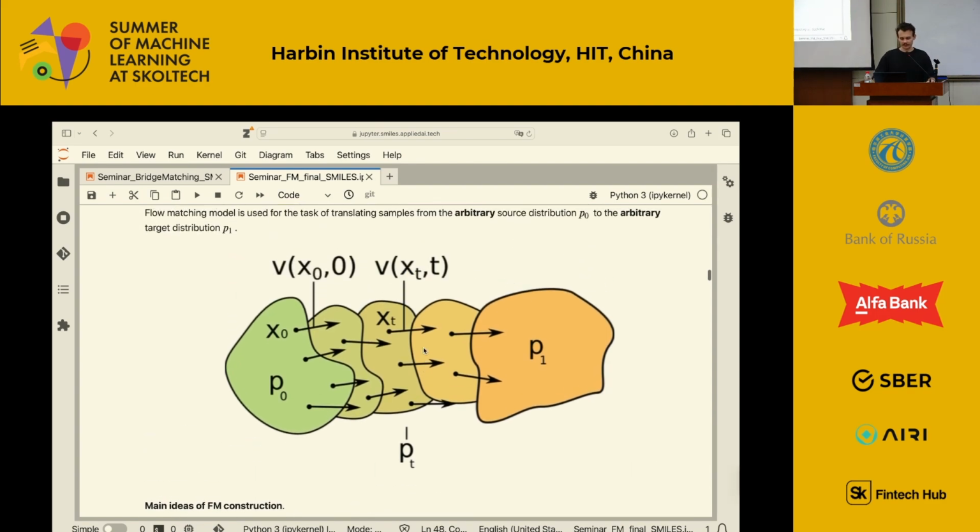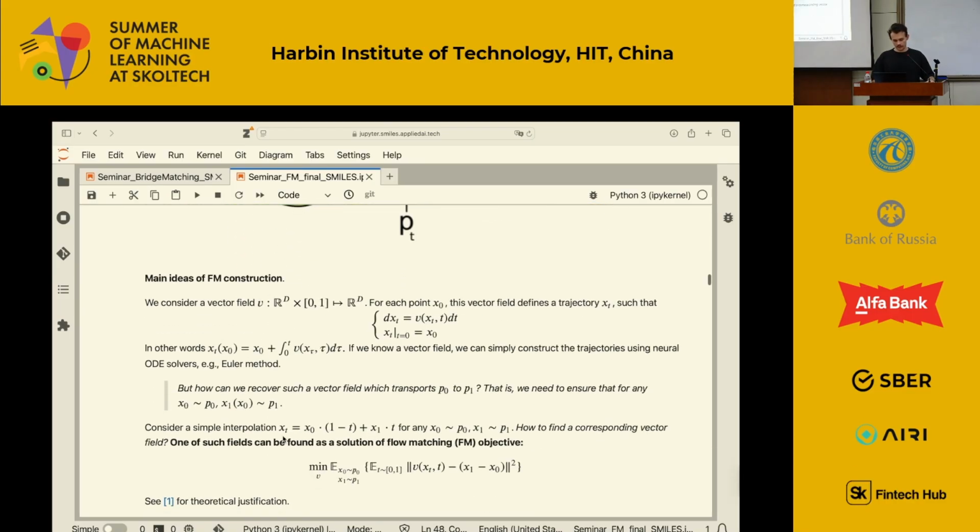Again, let's consider such distributions P0 and P1 that we want to translate from one distribution to the other, and some points from these distributions. Imagine we have a point x0 from distribution P0 and a point x1 from distribution P1. We sample random points from these two distributions and make a linear interpolation between them. It's basically a line between x0 and x1, where x0 and x1 are sampled from distributions P0 and P1.